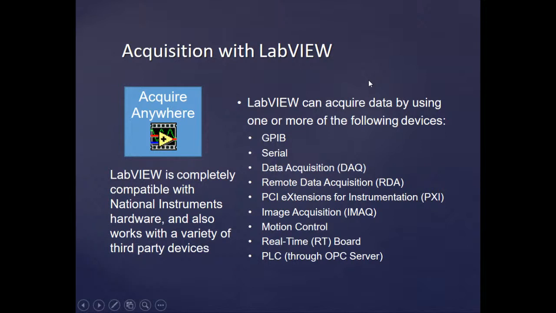So what kind of acquisition can be done? That is how we can control it, or how we will be able to obtain the data, and for which devices it is possible. GPIB, which is known as a general purpose interface bus. Then serial communication, data acquisition, and remote data acquisition. Data acquisition stands for the wired one, and remote is wirelessly controlling or wirelessly gathering the data.